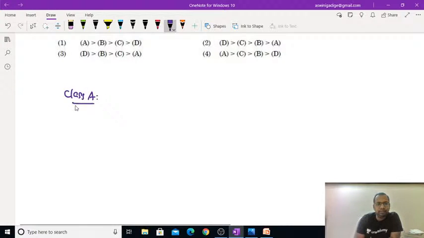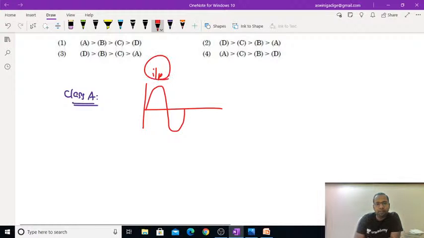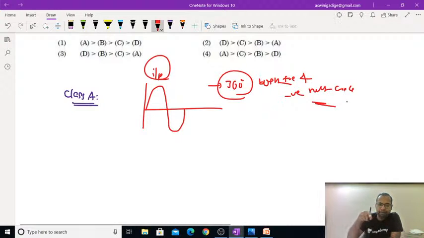If you are taking the class A power amplifier, then for the input signal, the complete 360 degrees, means both positive and negative half cycles, will be amplified.